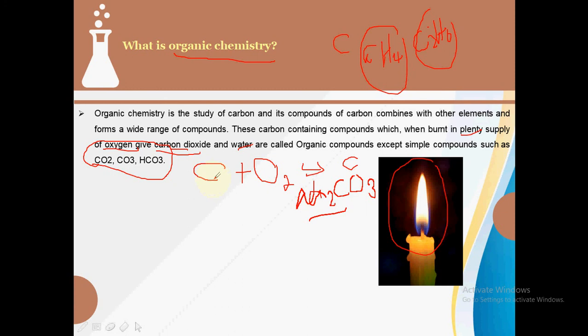Then why are we studying carbon? We need to understand why we are studying organic chemistry. In our quest to study it, we have to understand some facts about carbon.